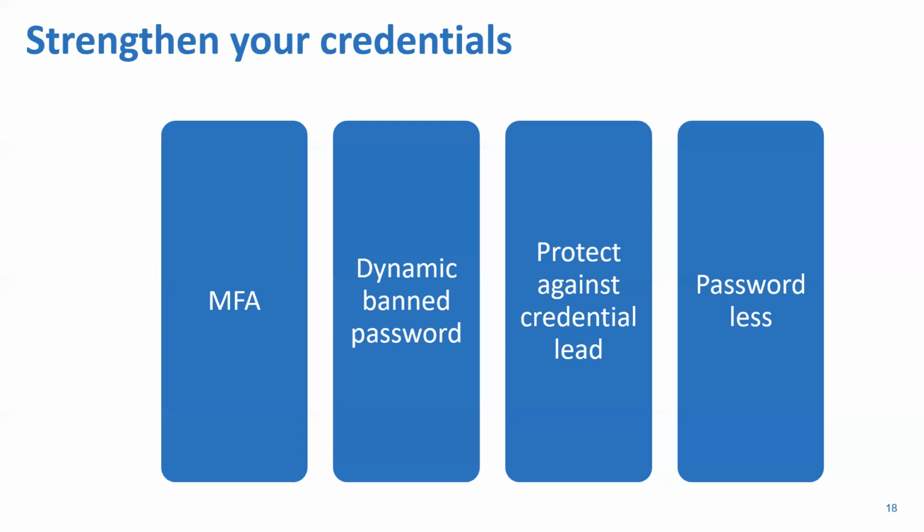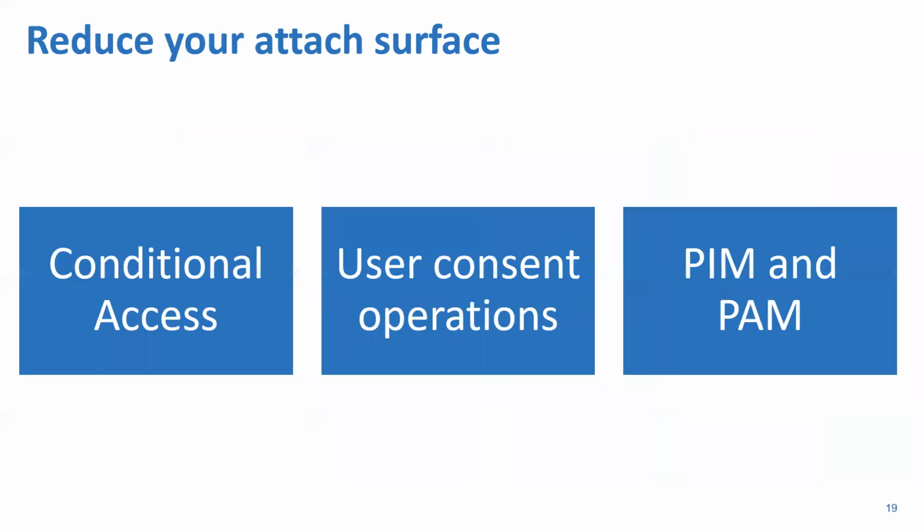Let's go to the next bucket, which is reduce attack surface. Now, again, within Azure AD Plan 1 and Plan 2, you have additional features, especially in Plan 2, a feature known as Azure AD Conditional Access. Like the name says, you are able to access a resource based on a condition.